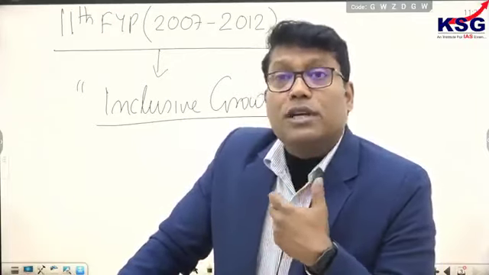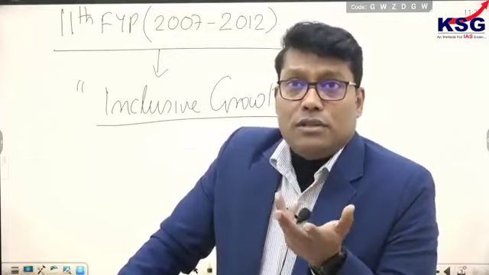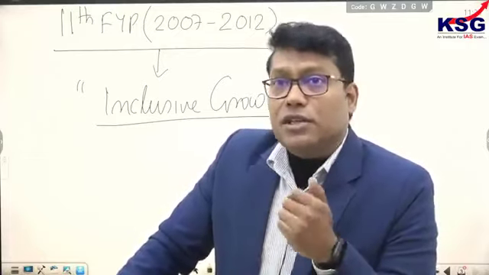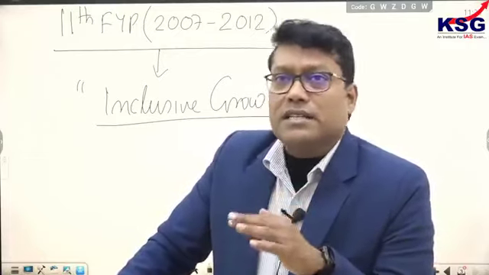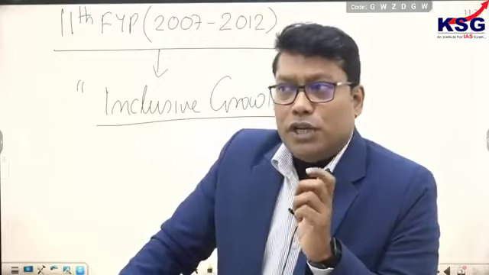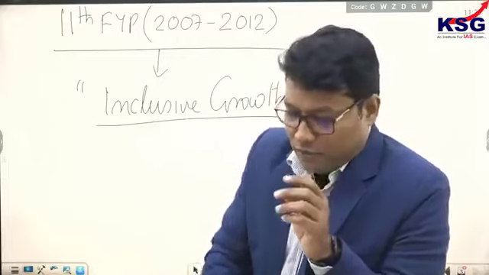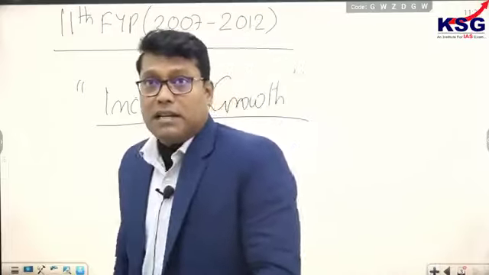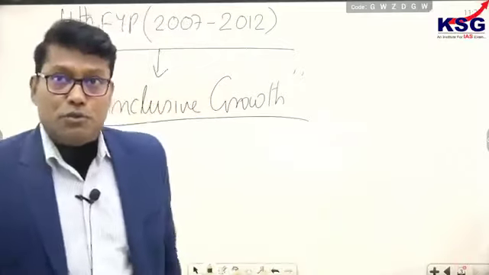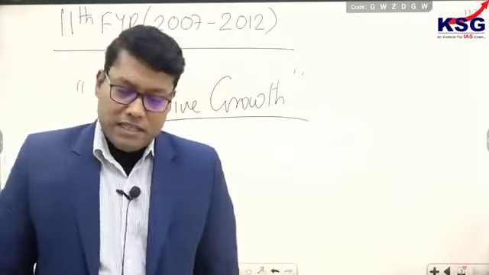Only then can we say we have achieved inclusive growth in all dimensions. So inclusive growth was the target of the 11th 5-year plan, and for the first time in planning history it became an objective and target.